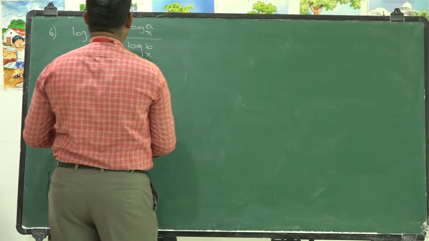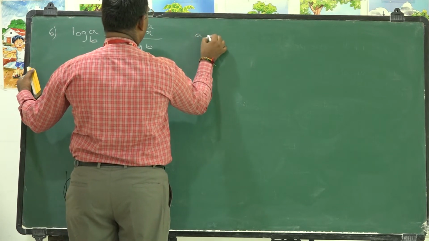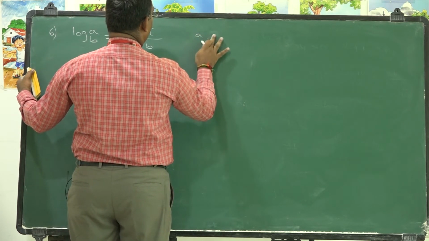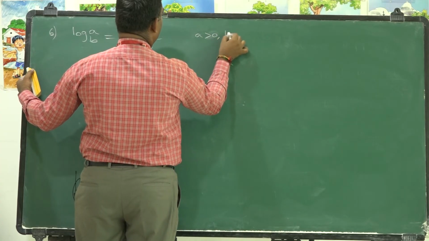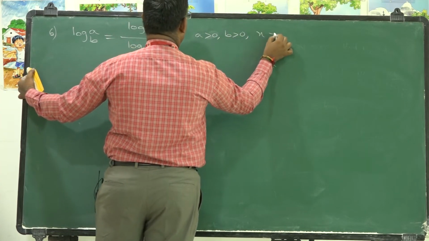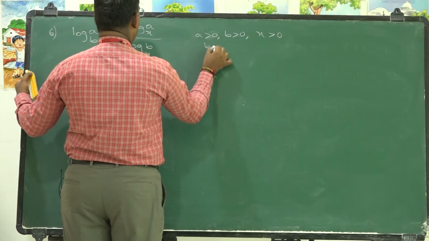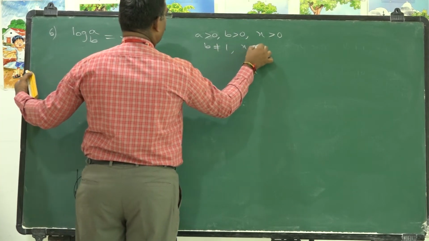Here a is a positive real number, b is a positive real number, x is also a positive real number, b is not equal to 1 and x is not equal to 1.